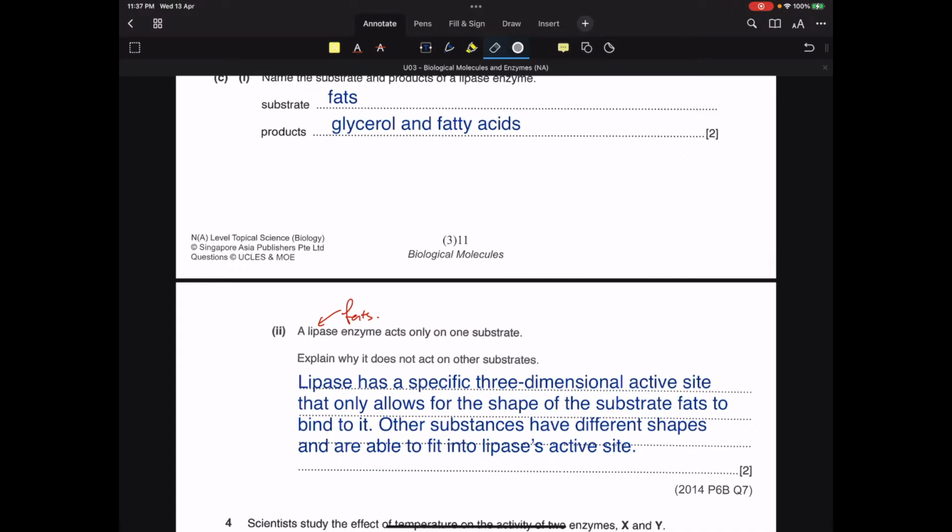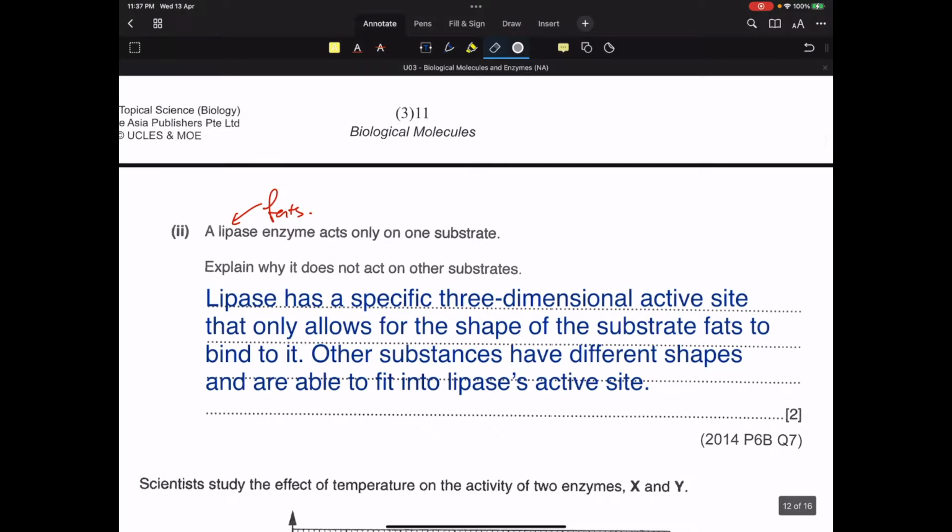Moving along, we have the question that asks you: a lipase enzyme acts only on one substrate. Explain why it does not act on other substrates. So, using phrases like specific three-dimensional active site, we're going to add on to stating that the three-dimensional active site only allows for the shape of the substrate, fats, to bind to it.